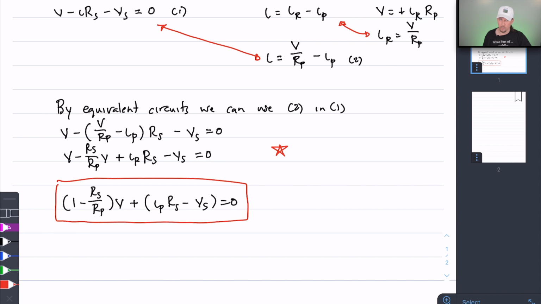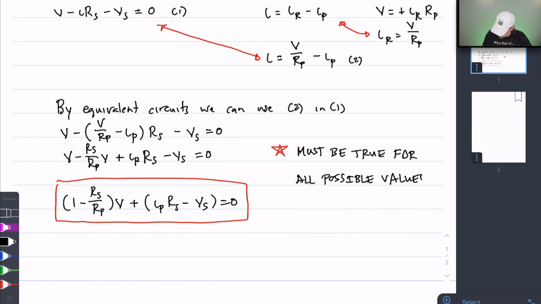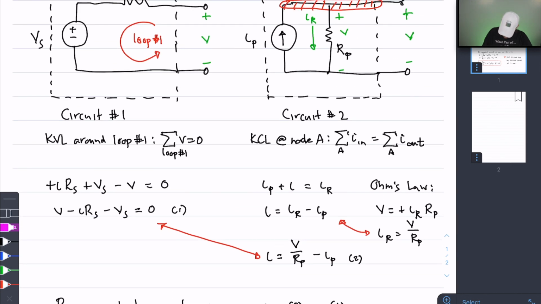If the two circuits are going to be absolutely equivalent circuits, this equation must be true. And this is the key for all possible values of V and I. So the V and I that I'm talking about are this V and this I. That equation must work for every single last one of them.